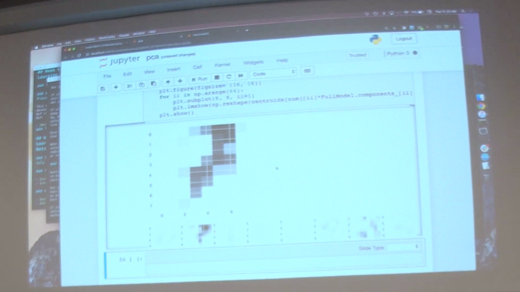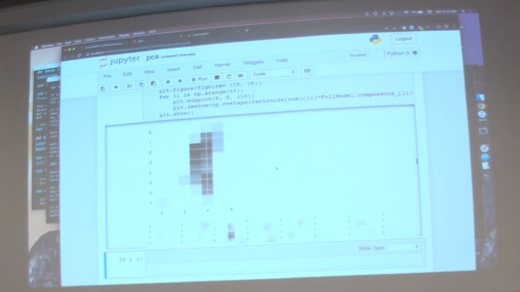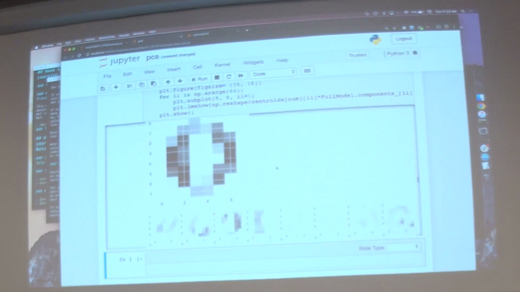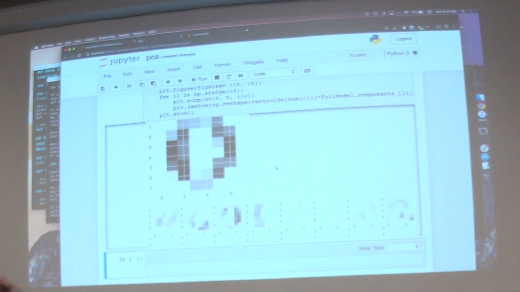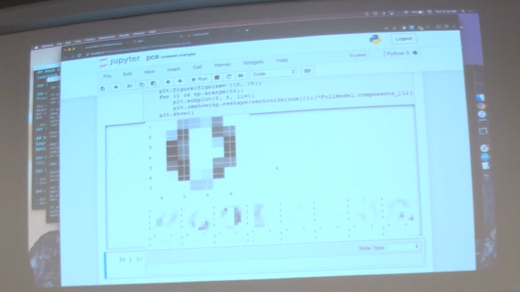I think that's a 7. It's hard to say. Some of these are pretty weird. I think that's a 1. That one, 0, is pretty good. It's made up of a few of these mixed together. And the PCA lets me pick these basis images that I can add a few of together to get any of the points in my data set.